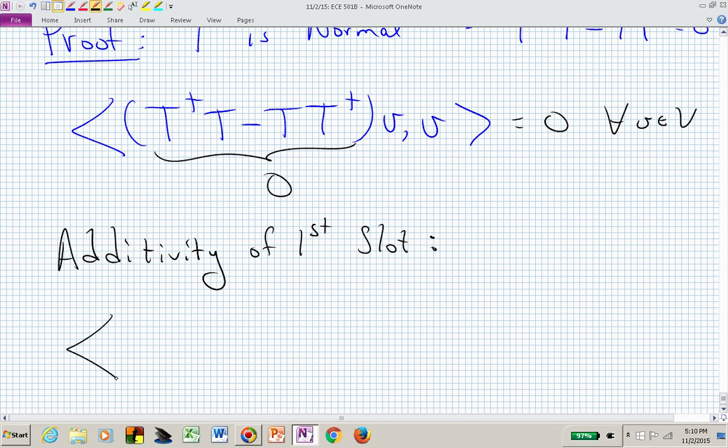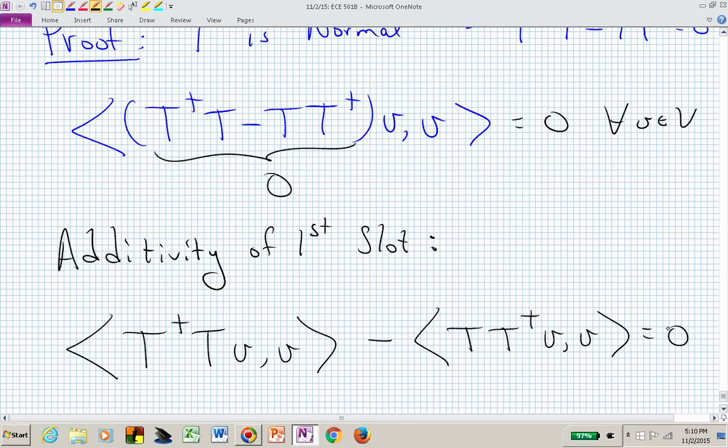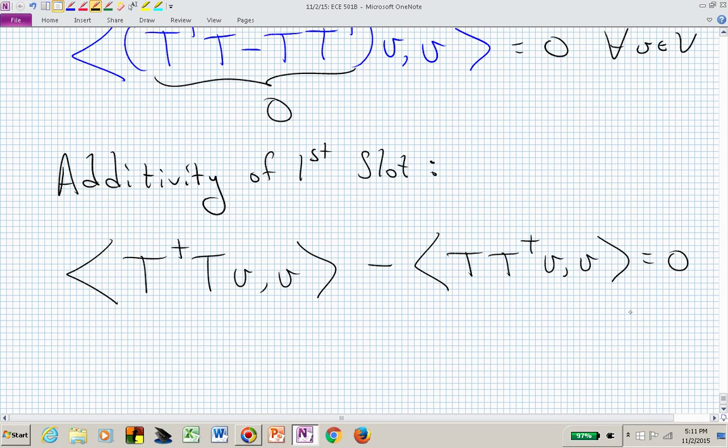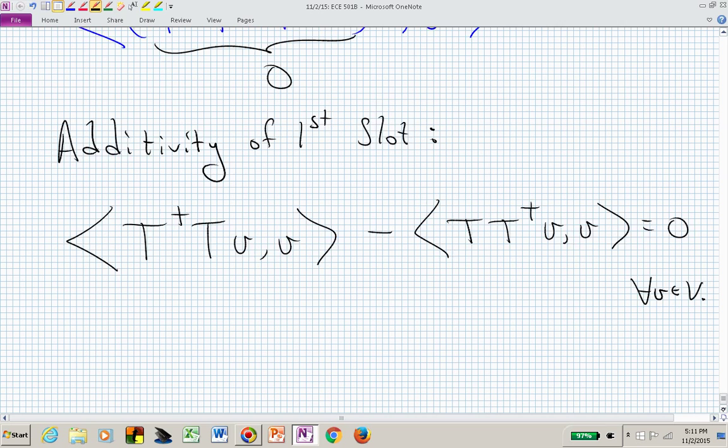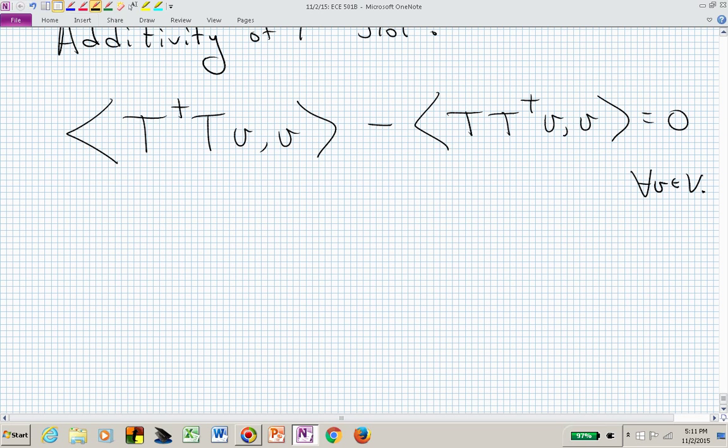Additivity of the first slot says that we now have T dagger T V with V, minus T T dagger V with V, and that's equal to 0, say for all V in V. And now we can start using our definition of the adjoint, where now we have T dagger applied to TV and T applied to T dagger V in the first slot.